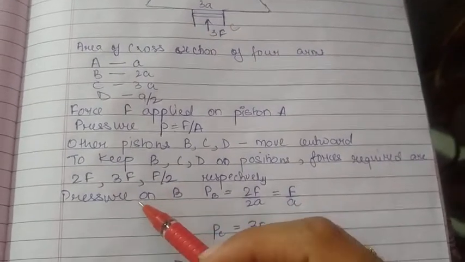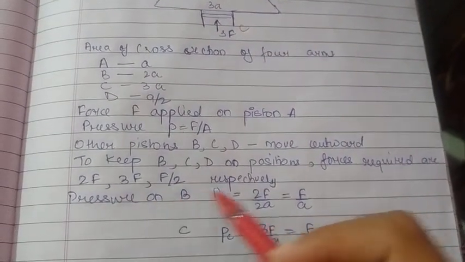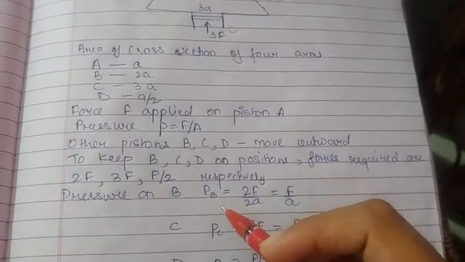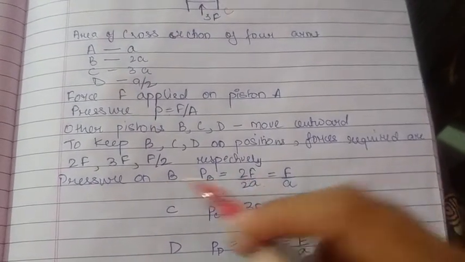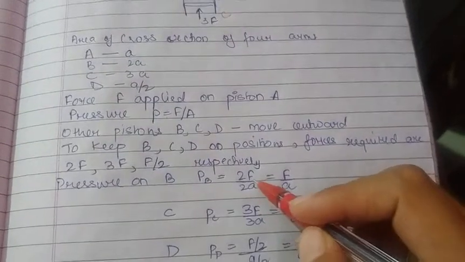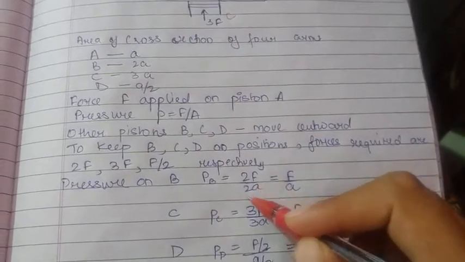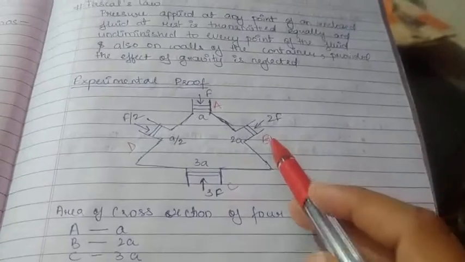So if you find the pressure on B, it is force per unit area. The force required to keep piston B in its original position is 2F, and the area of piston B is 2A.